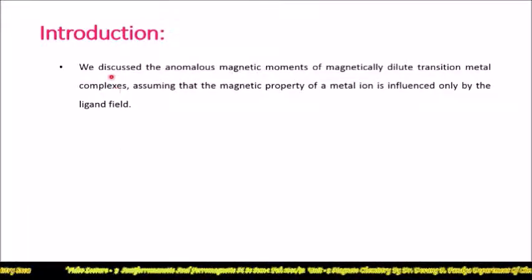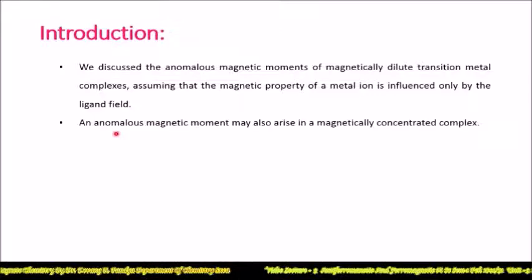We already discussed the anomalous magnetic moment of magnetically dilute transition metal complexes, assuming that the magnetic property of a metal ion is influenced only by the ligand field. An anomalous magnetic moment may also arise in a magnetically concentrated complex.